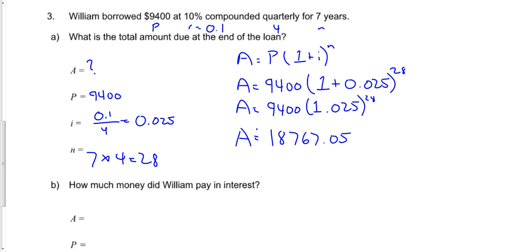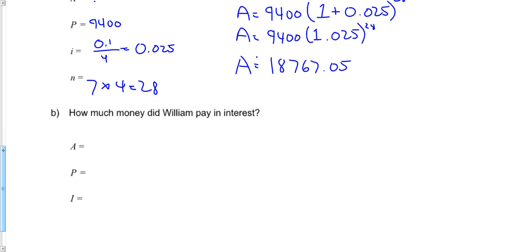Okay. So now, if I want to figure out how much money did William pay in interest, well, I take my A value of 18,767.05. My principal, I know, was $9,400, and I'm looking for my interest.